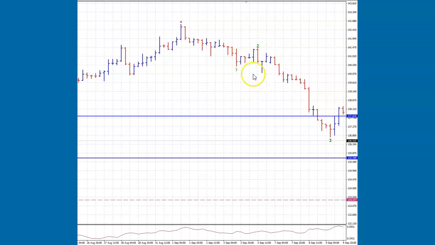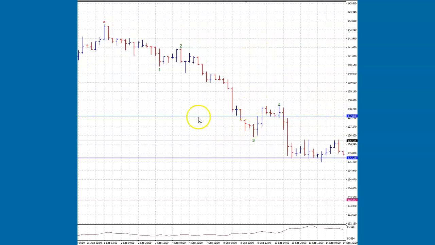All right, so the next low that we're looking for, now this level right here, this 137.82, is basically the 1.618 from the 2.236. The difference between this high and this low was 2.236.